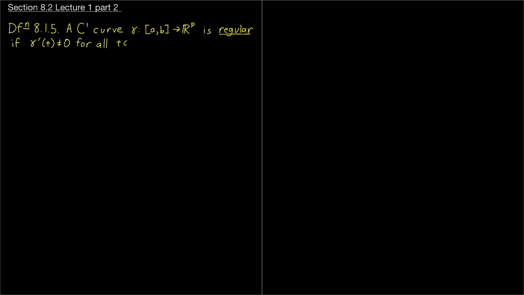Here's one other definition I would like to state. So we say that a curve, specifically it has to be a C1 curve, we call it regular if gamma prime of t is not equal to 0 for all t in the domain.